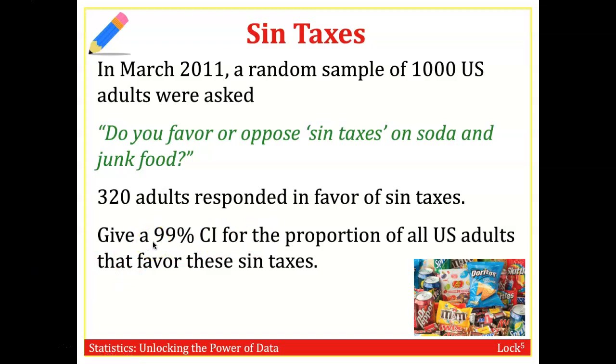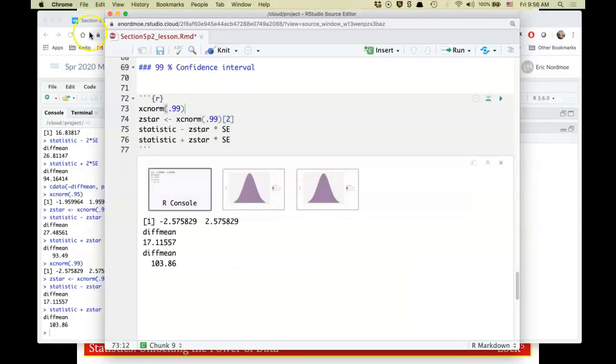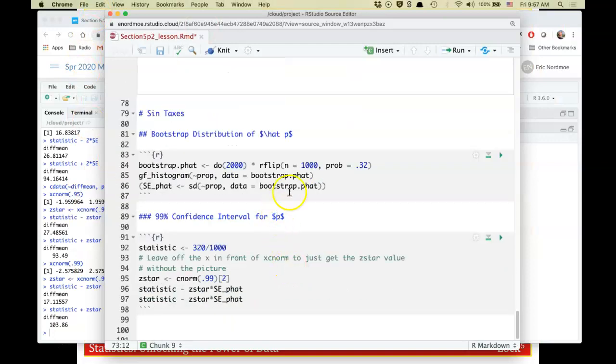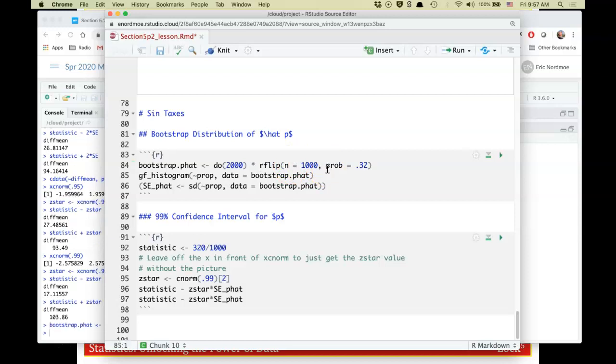So we can go ahead and do that in R, and I will show you how we would do that. I've got that down below here. So we'll do the bootstrap of p hat using the rflip command. Remember, you use the sample proportion and the n, but you don't have to access the data itself. For the one sample case, we're just simulating it by flipping a coin. So we run that.